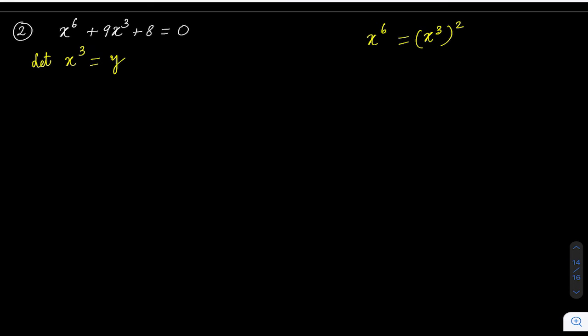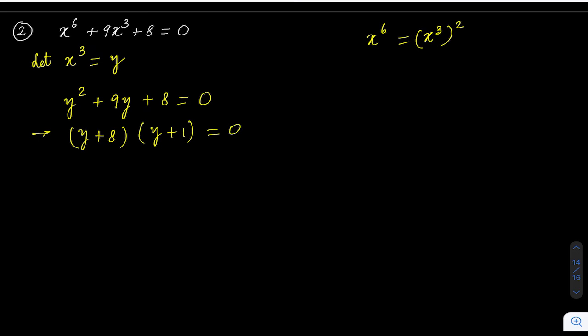Now my equation changes to y square plus 9y plus 8 equals 0. Now this is a quadratic. So let's make factors if it's possible. 8 and 1. So we can make factors y plus 8 into y plus 1 equals 0. So from this I am getting y as minus 8 and minus 1.